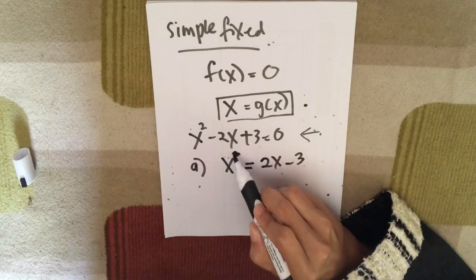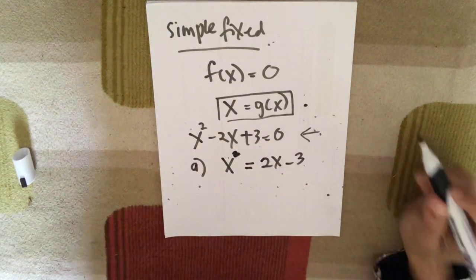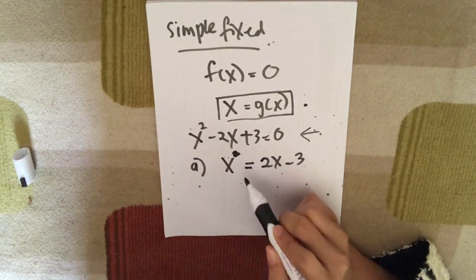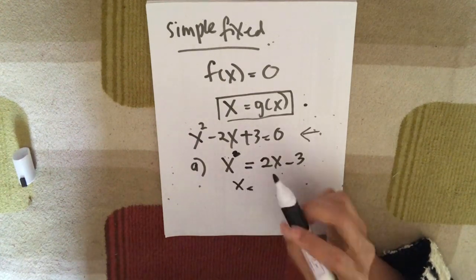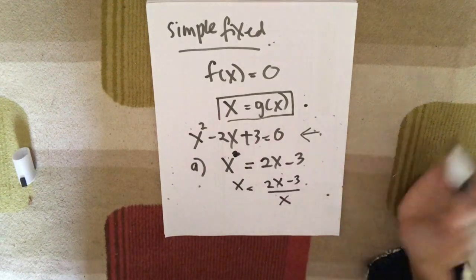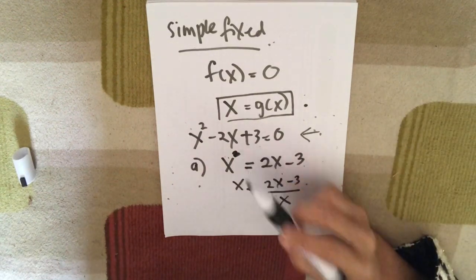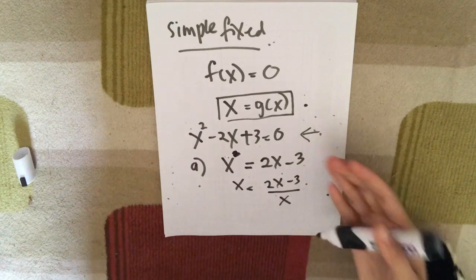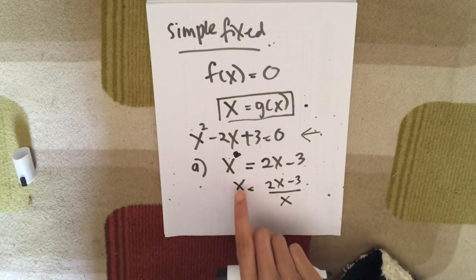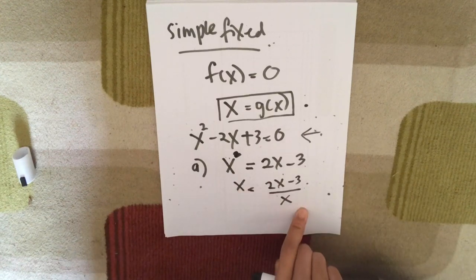Then you don't want to have x squared, you want only x. So what do we do? It becomes (2x minus 3) over x, because we know that x squared means x times x, right? So there is 2x here, so what we do is one x you bring down here.